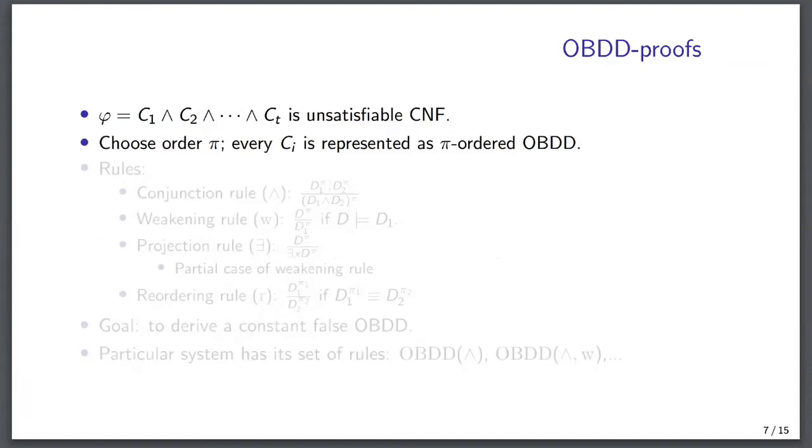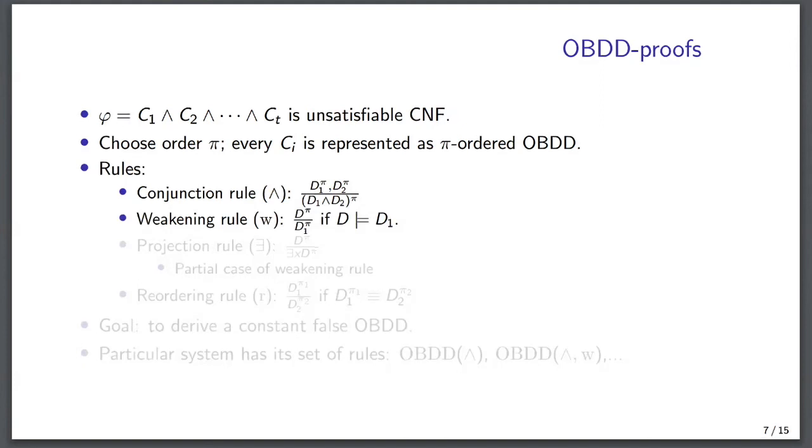And we have some set of rules that allows us to derive new OBDDs. Let's consider the first rule, which every OBDD proof system has. It's just the conjunction rule. We have two OBDDs, D1 and D2, and we derive the OBDD for their conjunction.